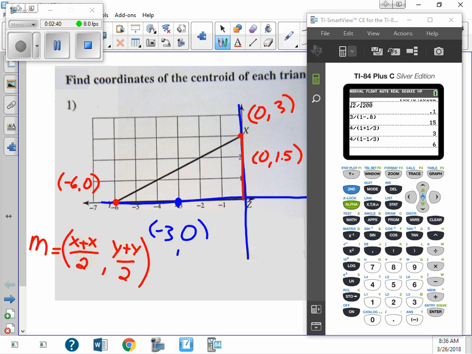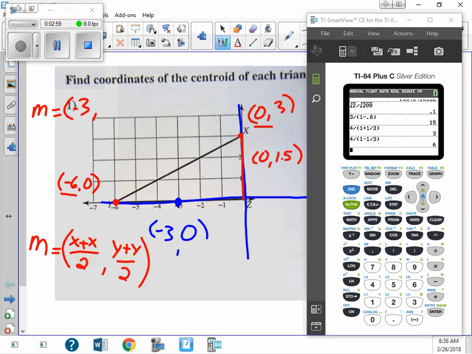So my x's are -6 and 0. What is -6 plus 0? -6 divided by 2 is -3. So my midpoint is -3, comma.